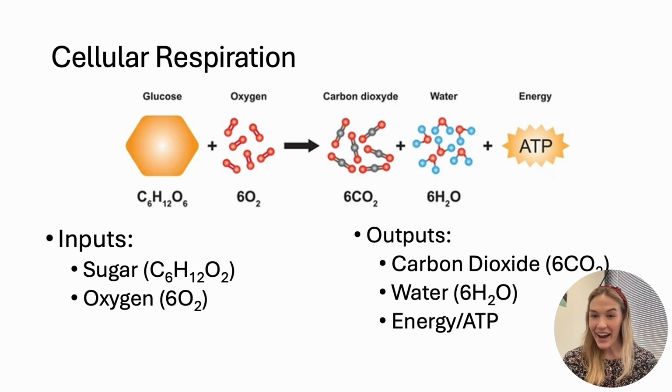Well, if you know that, then you basically know cellular respiration because you just flip it around. So instead, now we start with glucose and oxygen, and we are going to produce carbon dioxide, water, and energy. Now this energy is not sunlight, this energy is now ATP.